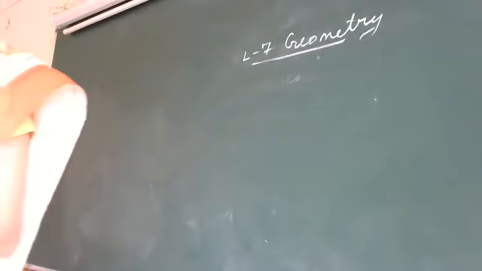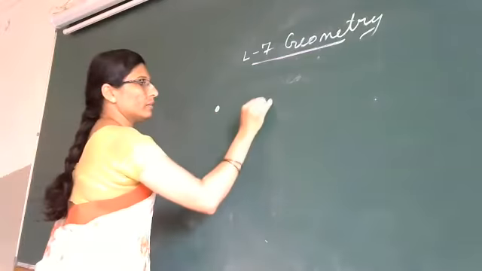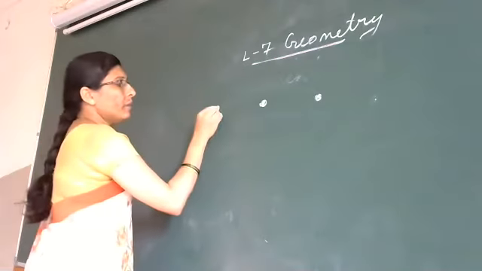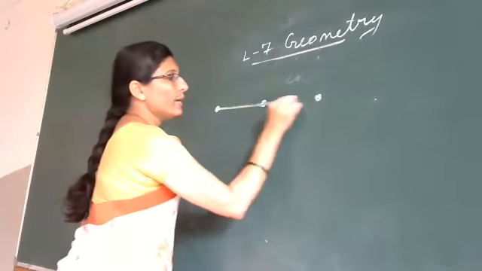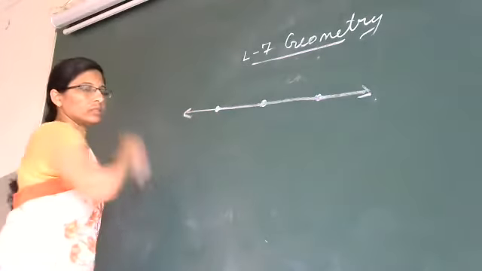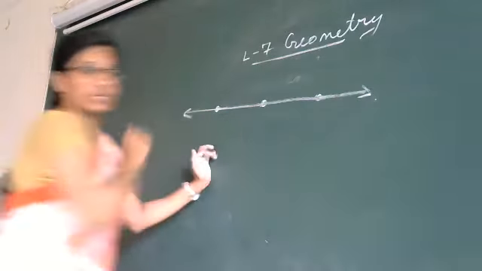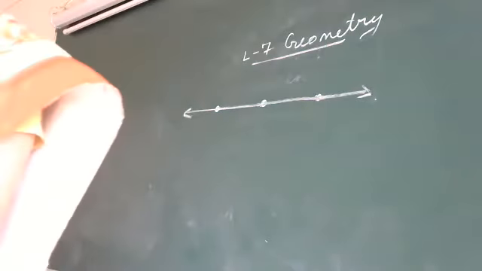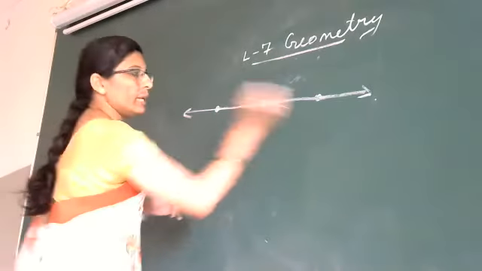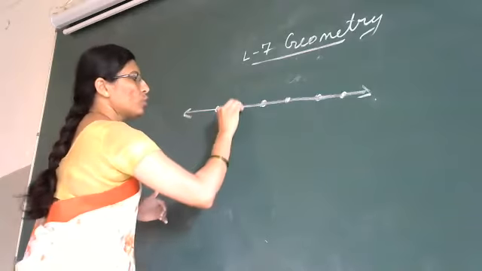Now, if points are given, and from these points a line is going, when a line is passing from three or more points. Now these 3 points, I can take 4 also, I can take 5 also.